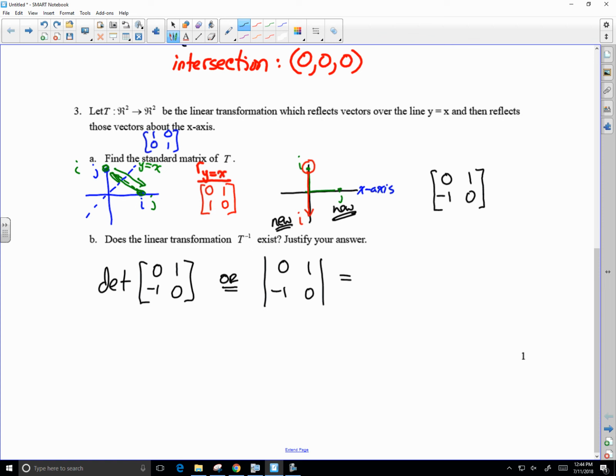Diagonal down minus diagonal up. Result is 1. If determinant is equal to 0, then inverse does not exist. It's not invertible. I don't think you need me to write that, though. It's a singular matrix.